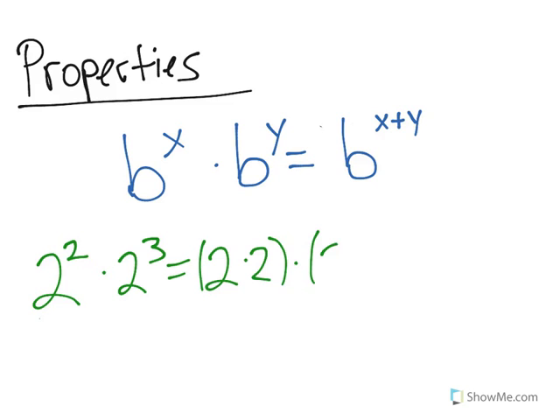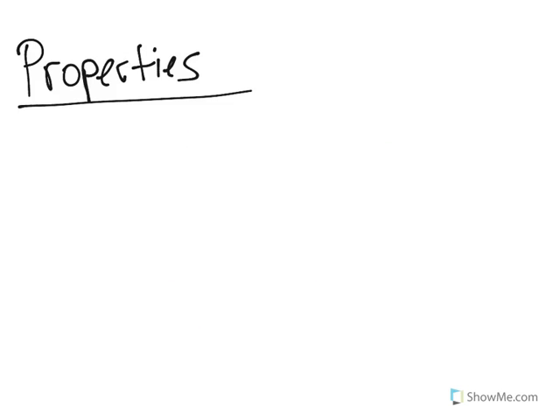If I multiply that times 2 cubed, that's 2 times 2 times 2. The result is 2 to the 5th, and 5 is 3 plus 2, so this fact, x plus y in the exponent, is proved.